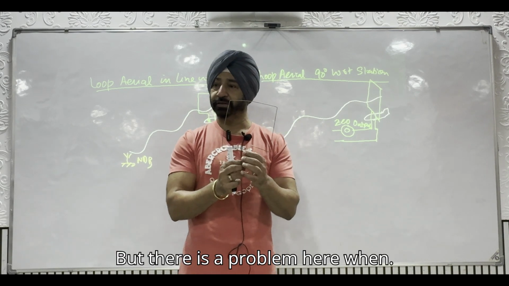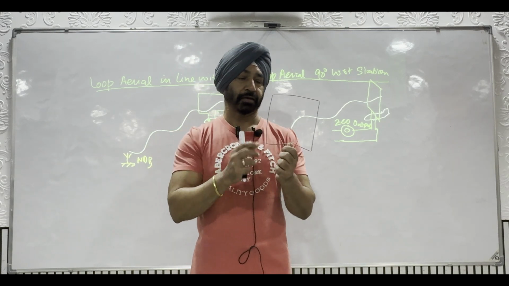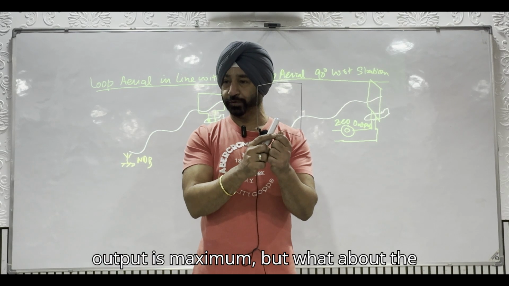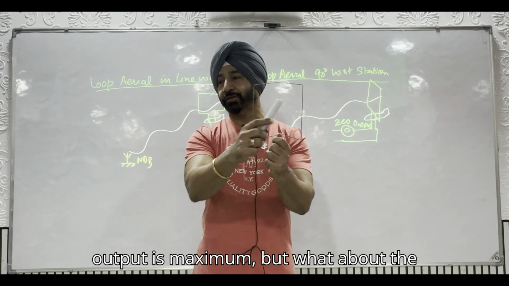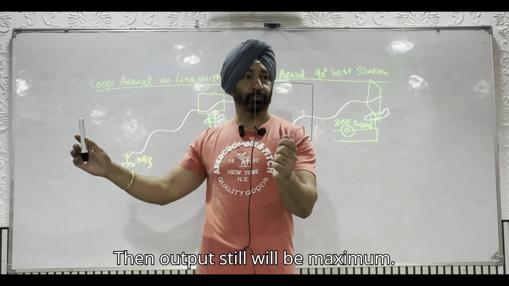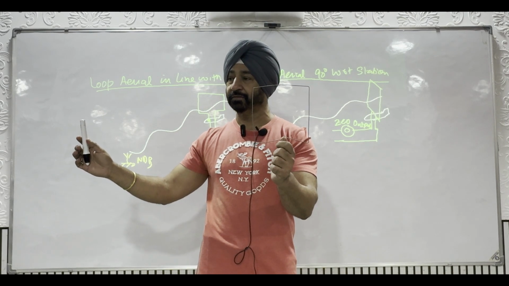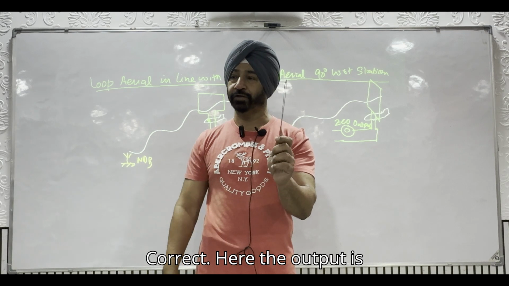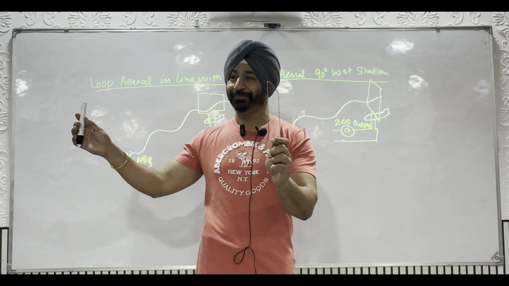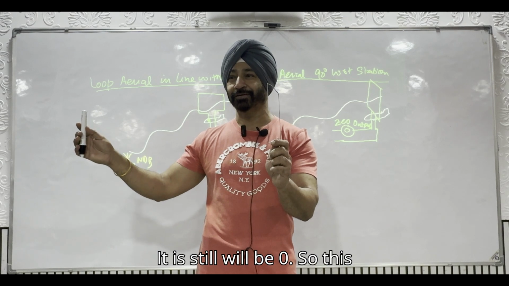But there's a problem here. When it is exactly in line, the output is maximum. But what about if the station is here? Then the output still will be maximum, correct? Here the output is 0, but what about if the transmitter is here? It will still be 0.